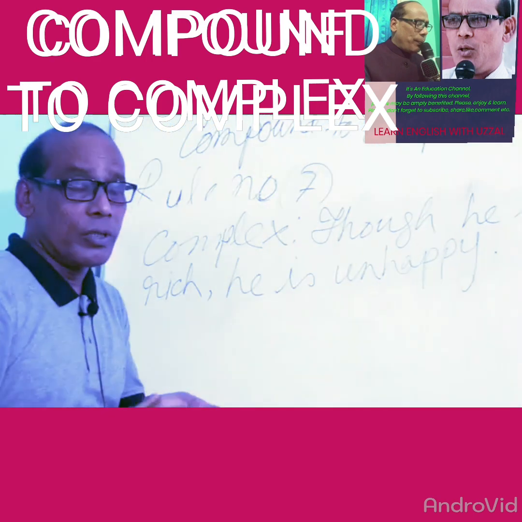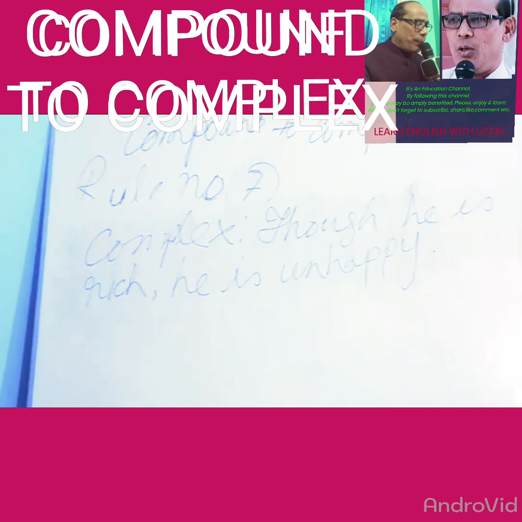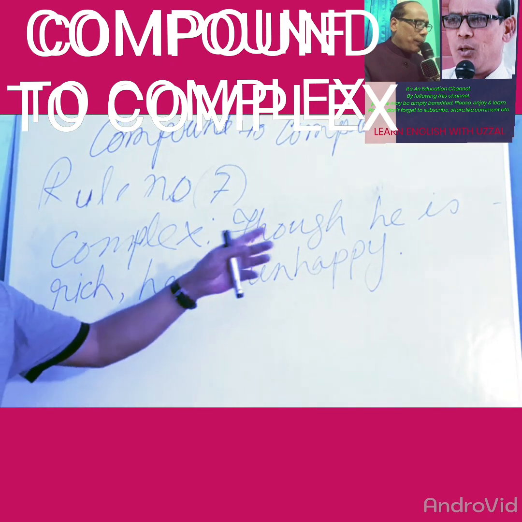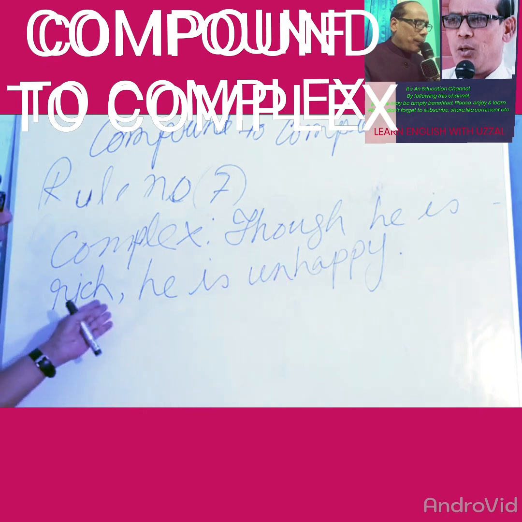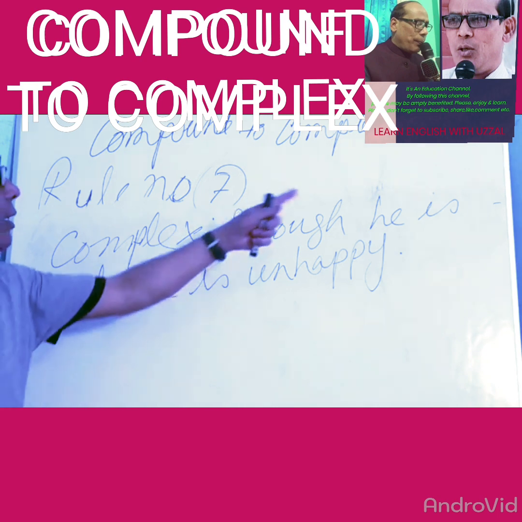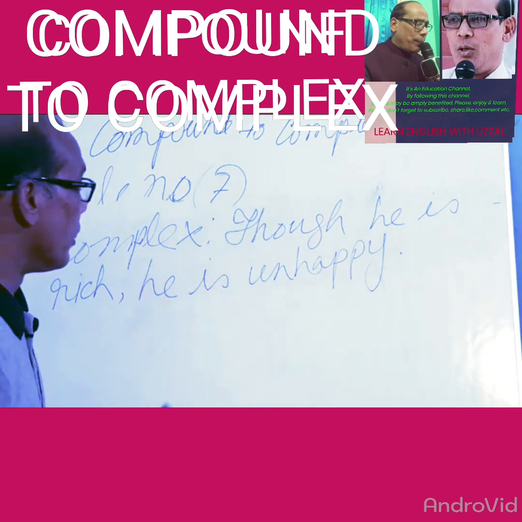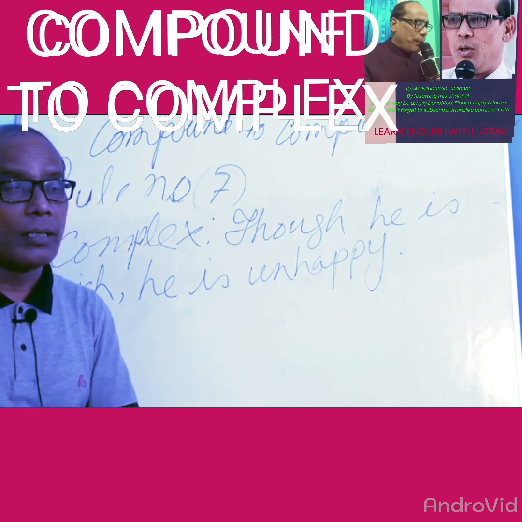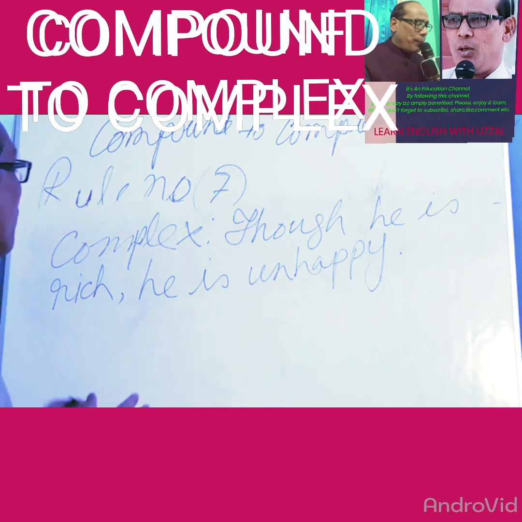Dear learners, of course, you have followed one thing. In the compound sentence, we didn't see he is after but, but in the case of complex, I have mentioned he is again and again. So I have already told you that in the case of compound, we can keep silent some things, but in the case of complex, we cannot keep silent anything.